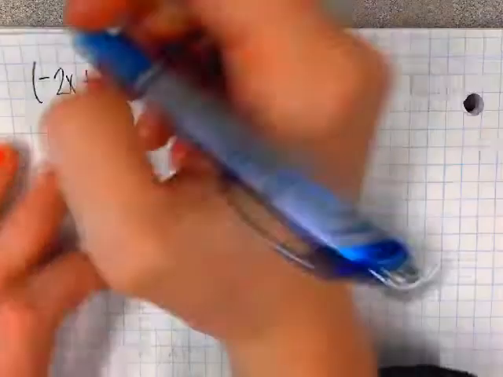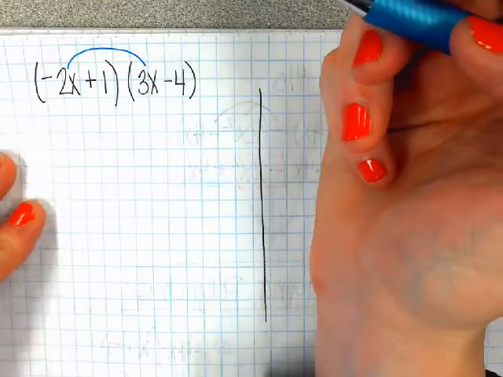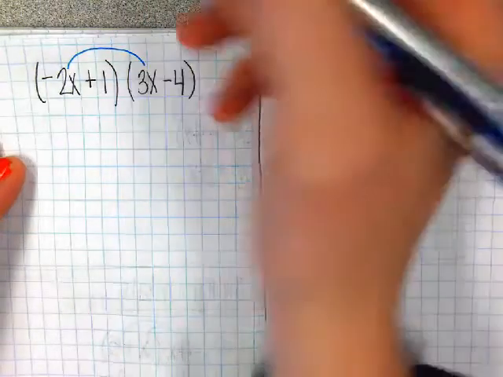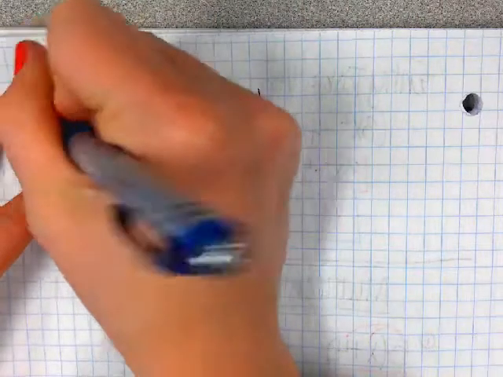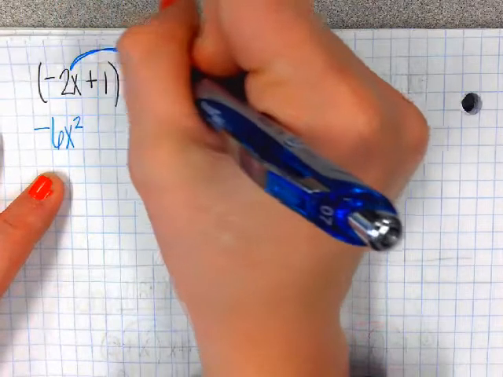Okay, and I'm going to do the 2 methods again. So I'm going to do the distributive first. What's negative 2x times 3x? Negative 6x squared.